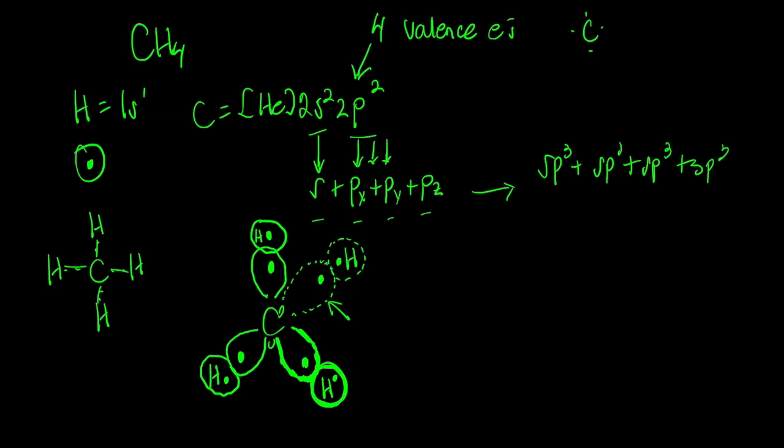These sigma bonds are made from an sp³ hybrid orbital, right? Which is, remember, an orbital is just an electron cloud, and this happens to be an atomic orbital. This hydrogen is an s atomic orbital. Okay. So you know, two dots make a line. That's a sigma bond.